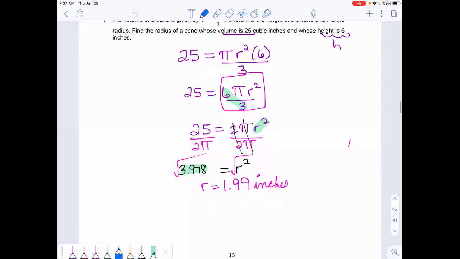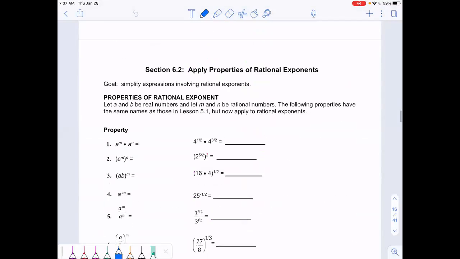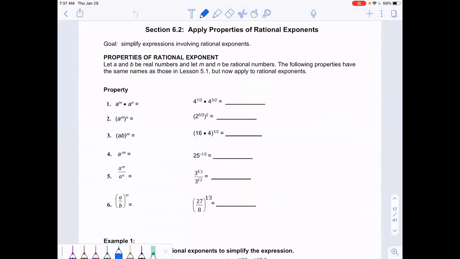So in your notes, we are going to go to section 6.2. And we're going to start off with a little review of the properties of exponents, but we're switching it to rational exponents now. So instead of having x cubed and x squared, I might have x to the 1/2 and x to the 5/6 or something like that. So my fractions.